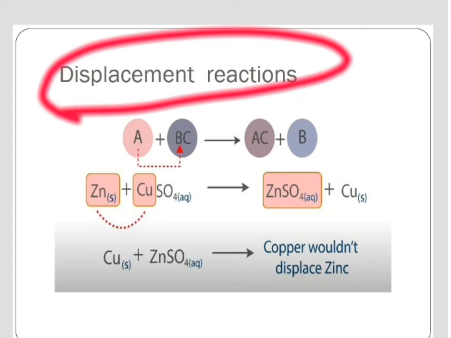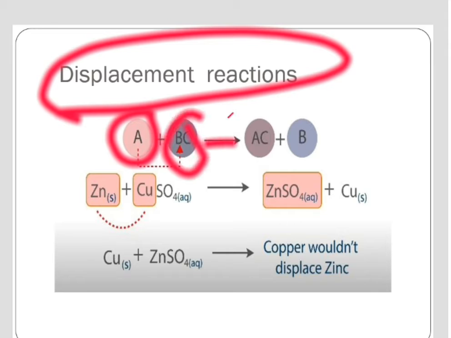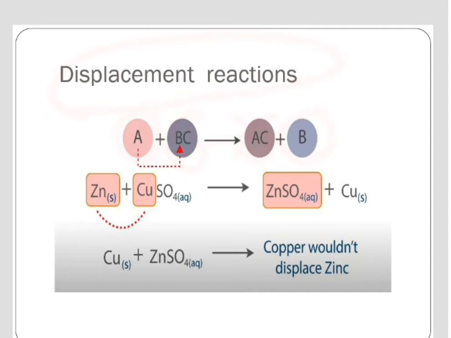It can be represented generally as A plus BC reacts to give AC plus B. Okay, this will most often occur if A is more reactive than B, thus giving a more stable product.